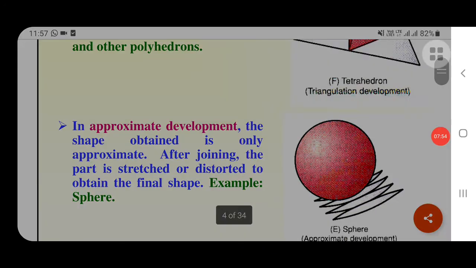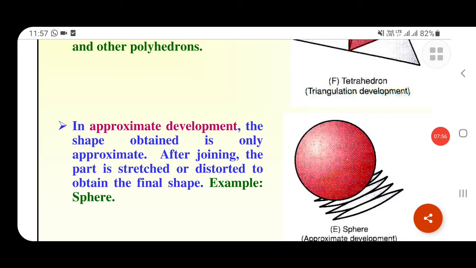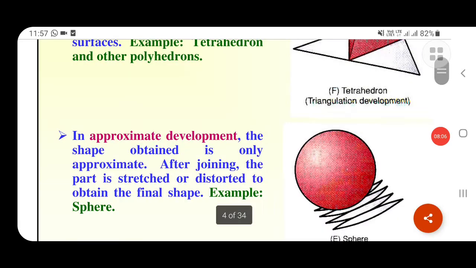Next is the approximate development method. In that, only an approximate shape is obtained. It is applicable only to spheres, which is not in the syllabus of diploma.